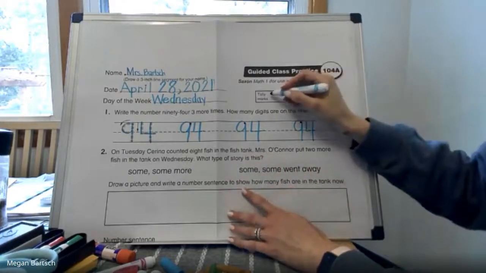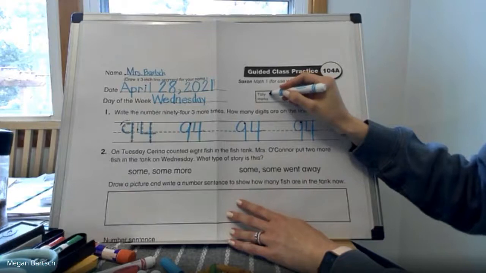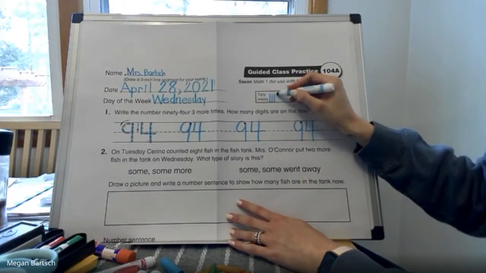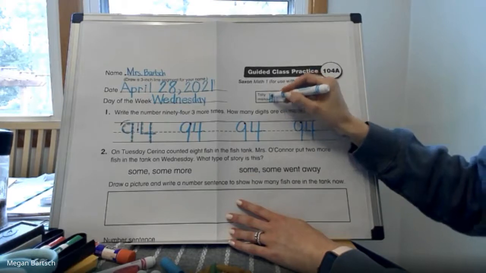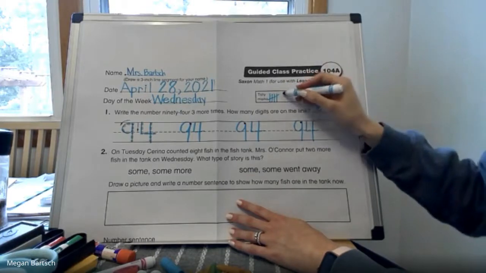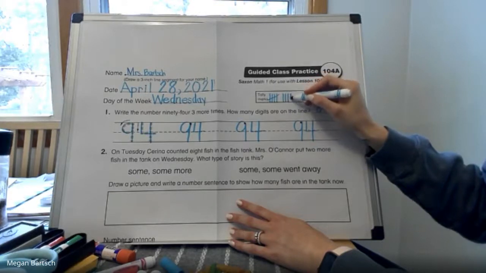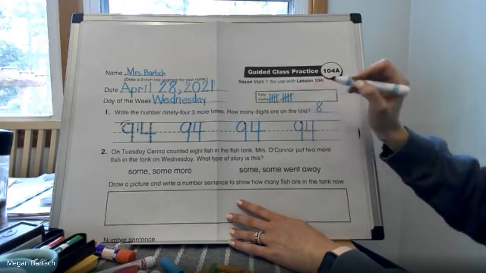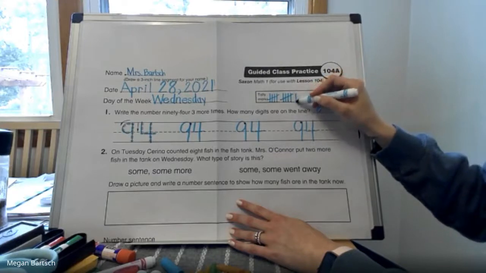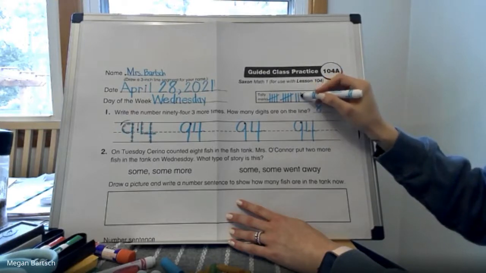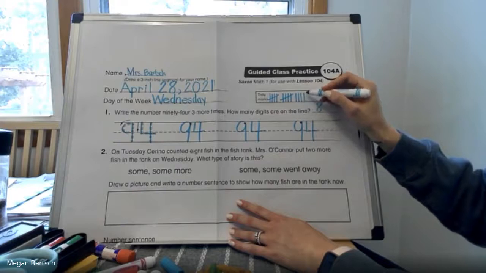Ready? Count with me. Set. Go. 1, 2, 3, 4. Tally up. 5. Keep going. 6, 7, 8, 9. Tally up. 10, 11, 12, 13, 14.